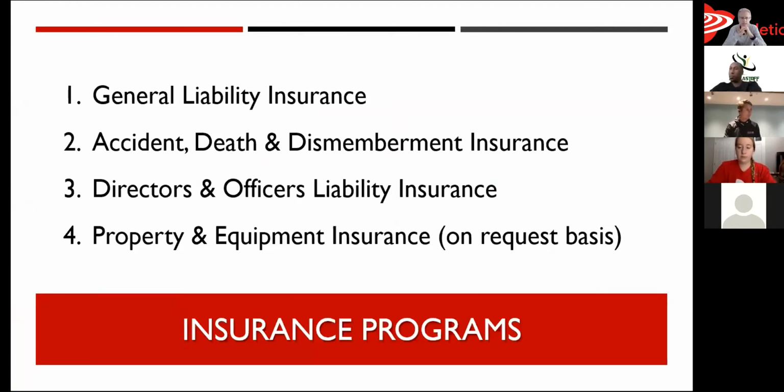Our second is the accident, death, and dismemberment insurance. Third is the directors and officers liability insurance. And then the fourth is for property and equipment insurance, which is on a request basis only. It doesn't come automatically. It's something that if organizations require, they can come and we can get a quote for them, and I'll cover that in a minute.